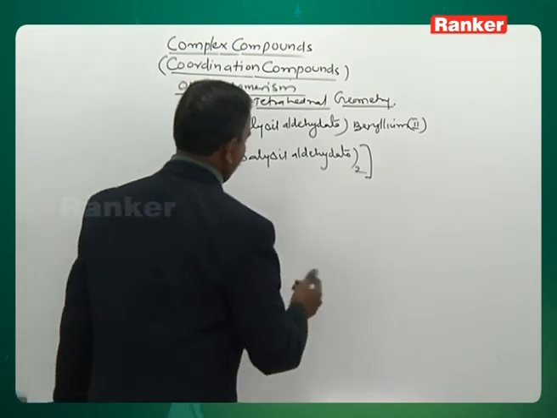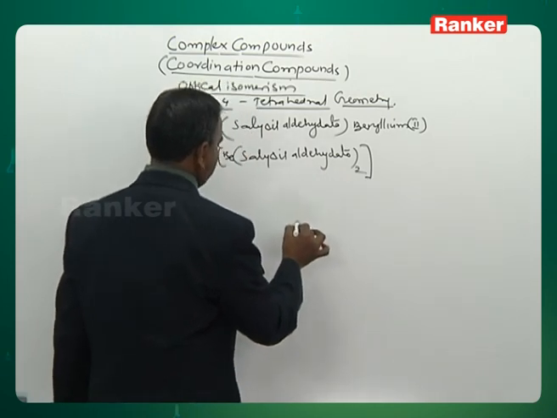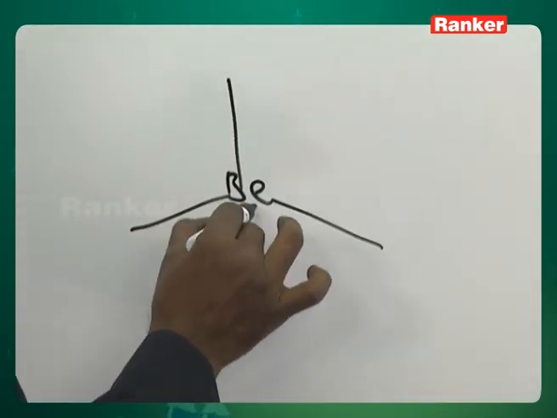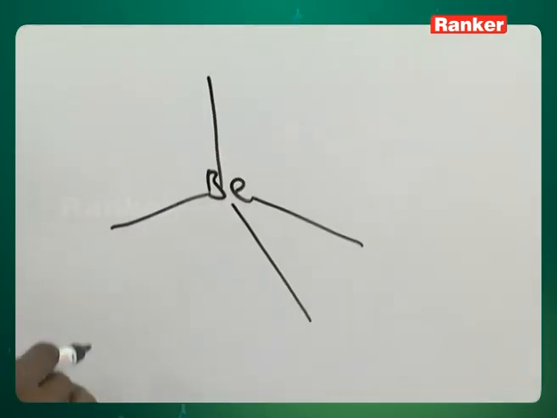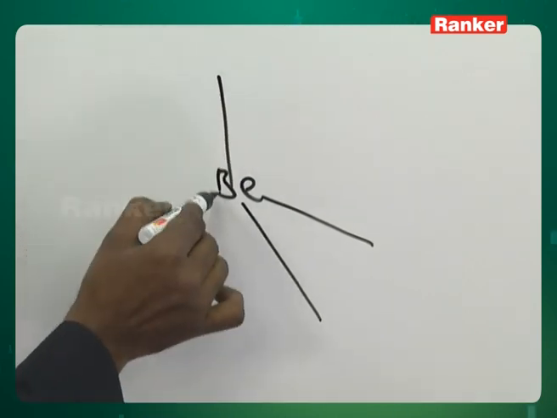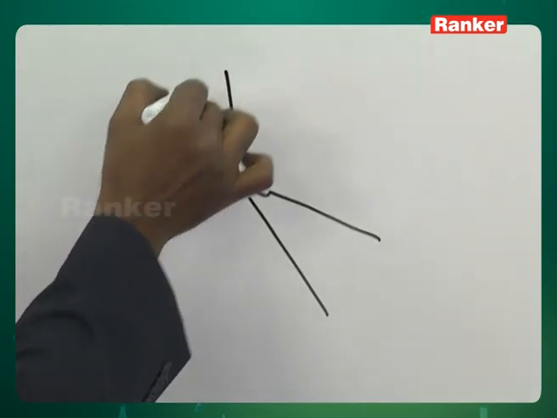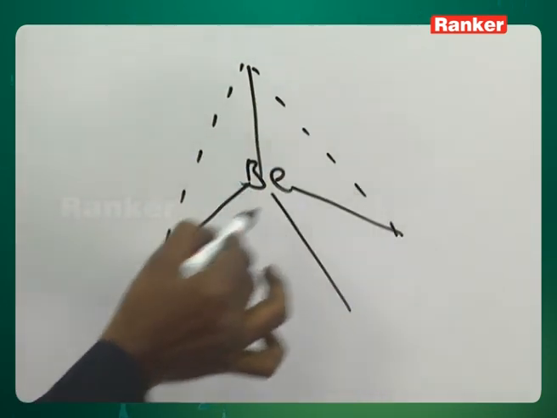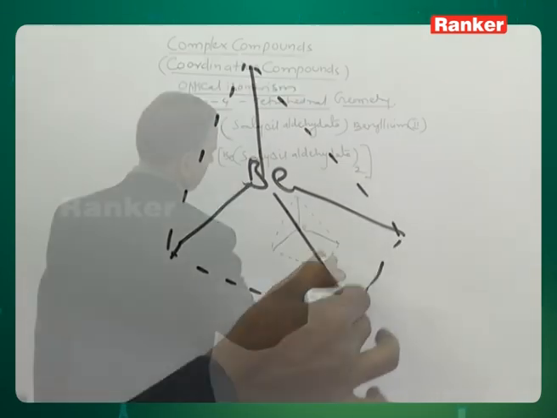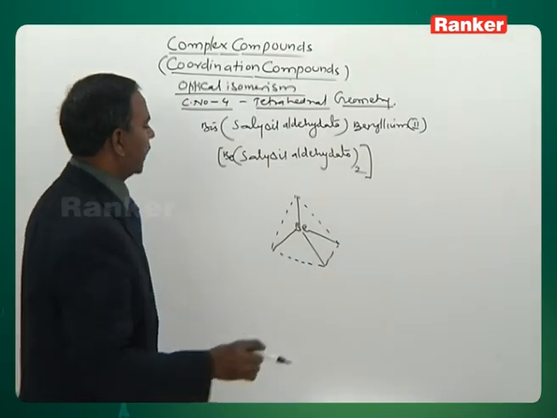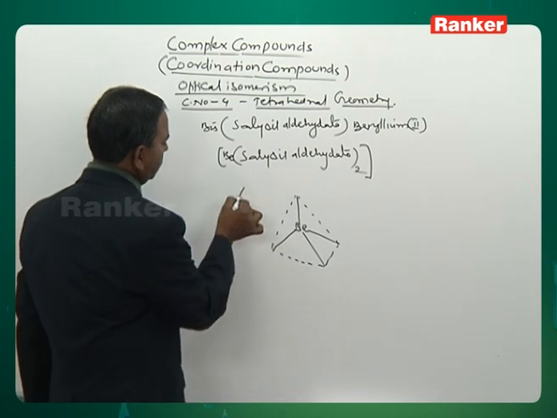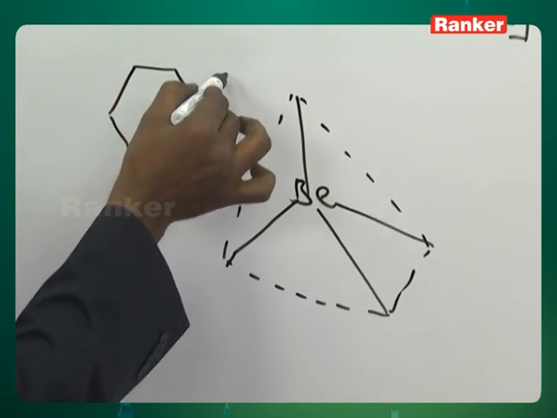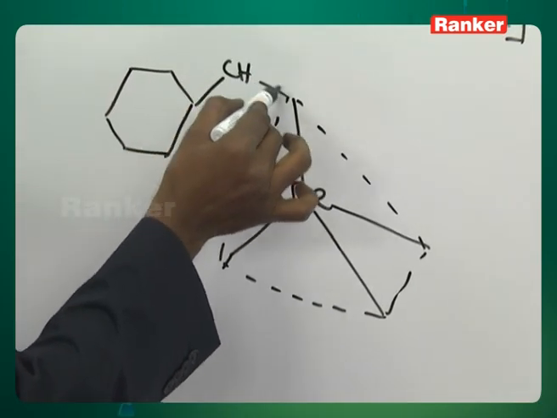Let us see how it is optically active. First, make again a tetrahedral geometry. Tetrahedral. This one, two salicylaldehydato. One of the ligands I am writing: C, CH double bond over it.